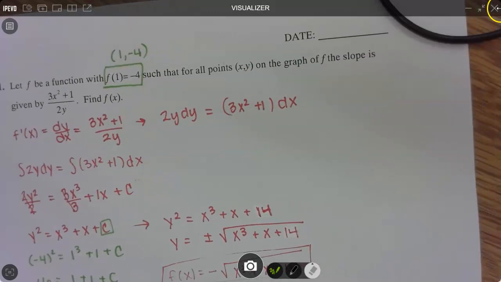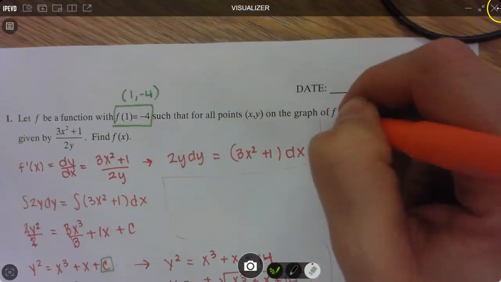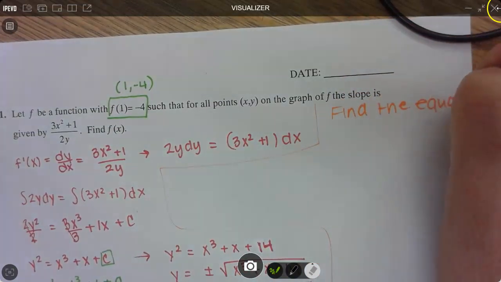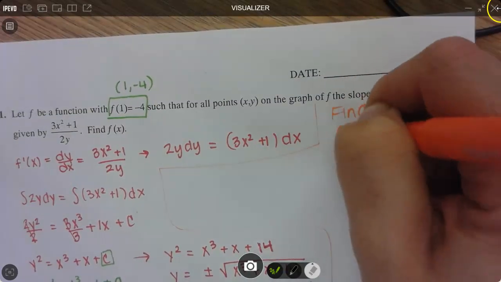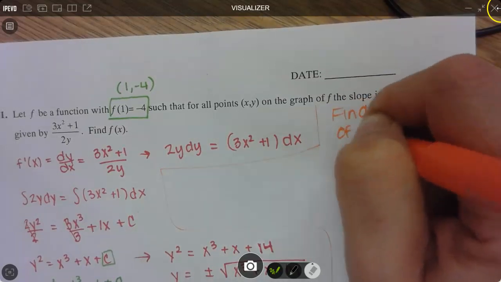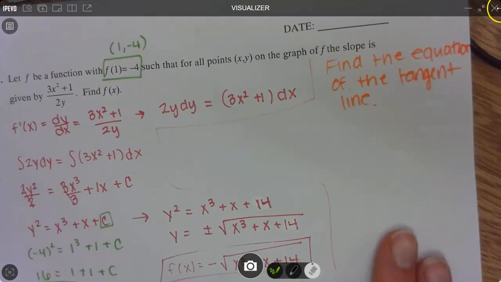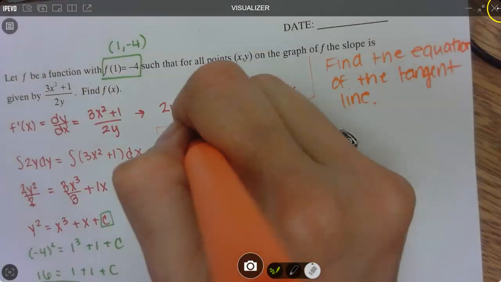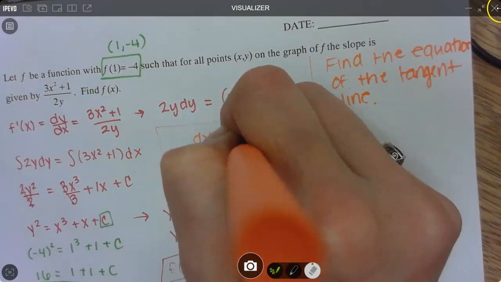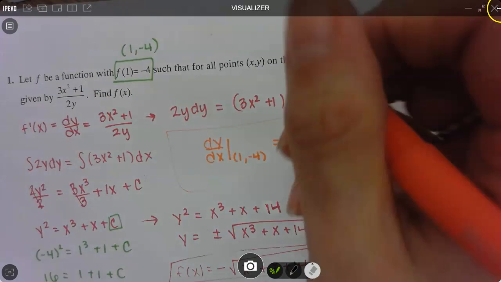So if I took that same problem and manipulated it and it said find the equation of the tangent line, then my equation of the tangent line would use dy dx evaluated at (1, -4) for the original slope.